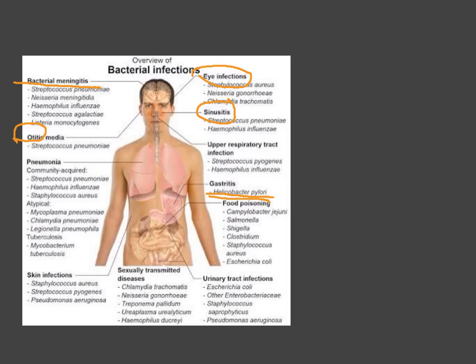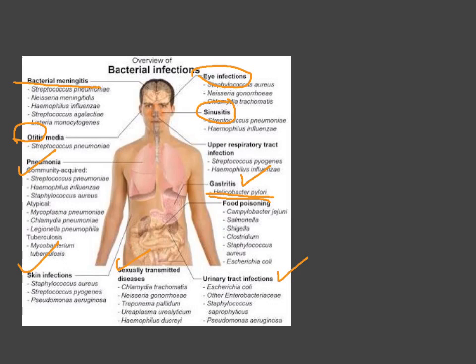Also, chronic gastritis can be produced by a bacteria living inside our stomach. Skin infections, sexually transmitted infections, lung infections, urinary infections, and some other infections in the skin and other organs can be caused by a bacteria.